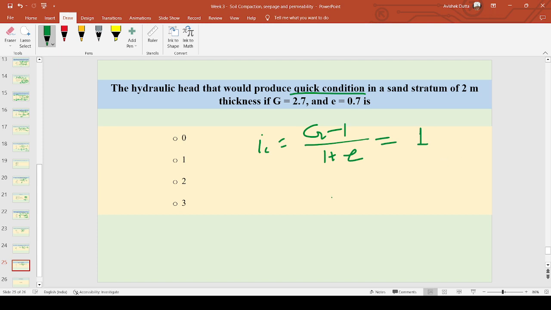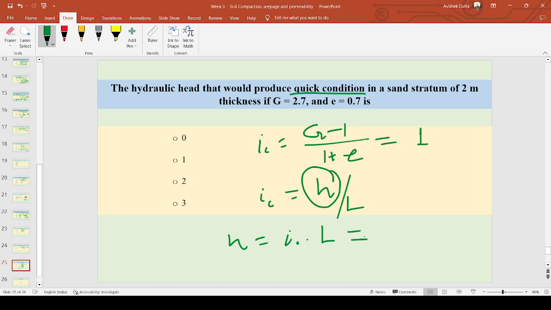Now IC equals how much? That is the head difference divided by L. Now this head difference is the hydraulic head. So H will be equal to how much? IC into L. Now what is L?